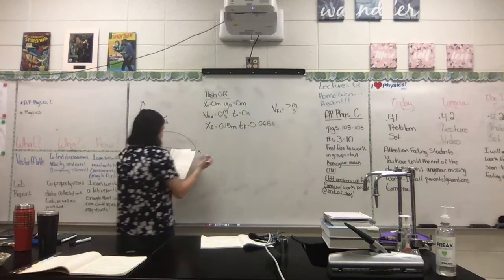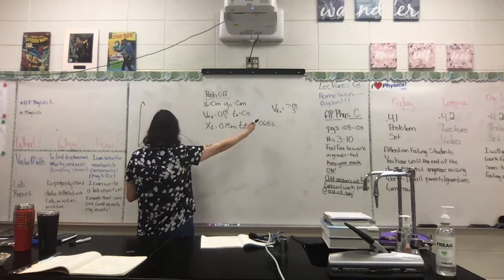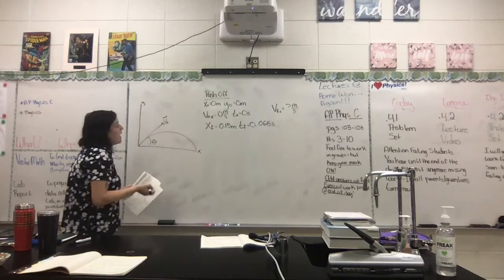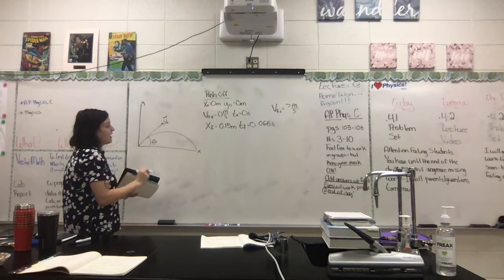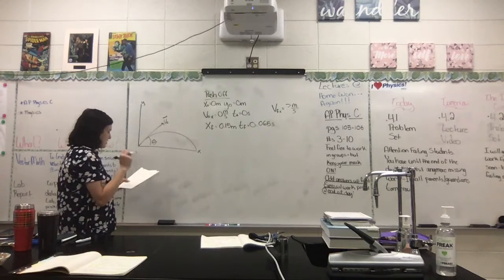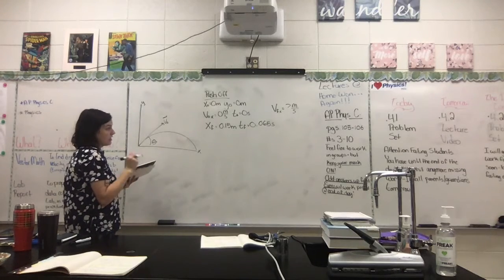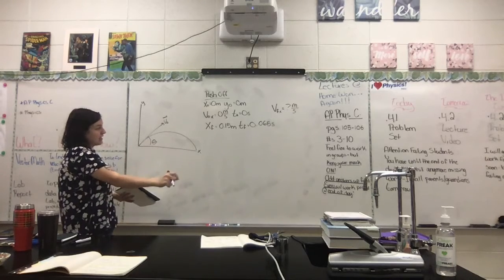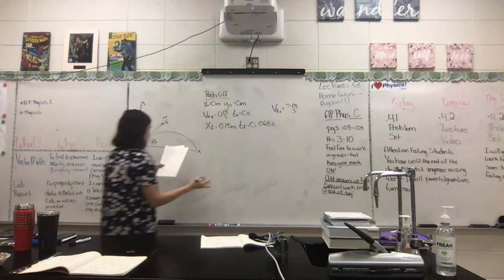For the push-off, to find this final x velocity, first we want to break down the xf equation to solve for acceleration, because vf equals v naught plus at, and we don't have an acceleration yet.